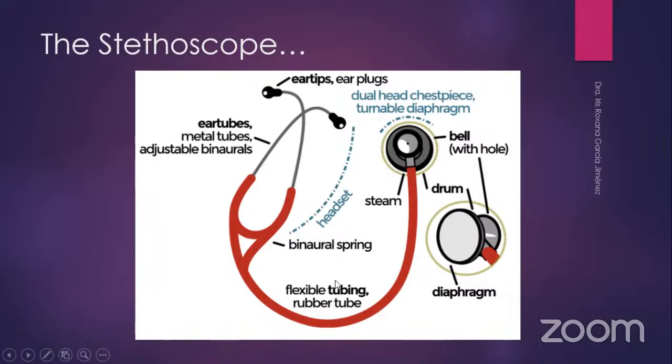We have the flexible tubing, the rubber tube. We have the stem, the drum, the bell with a hole, of course, and the diaphragm. The dual head chest piece, turnable diaphragm. You can switch one side to the other according to the situation, the patient you're going to evaluate.